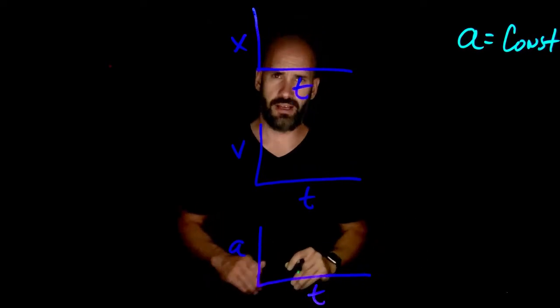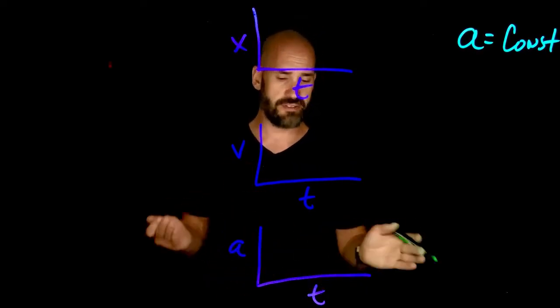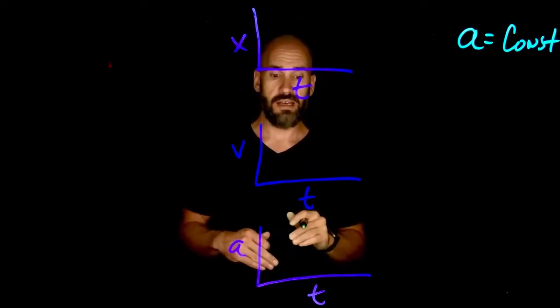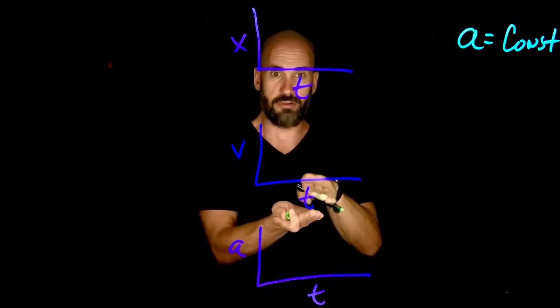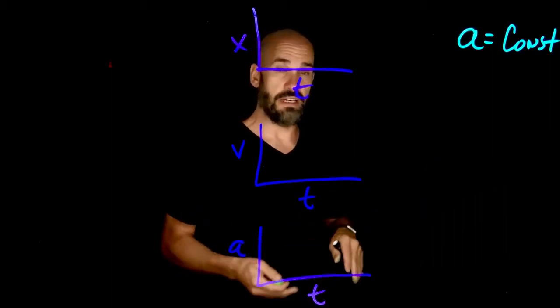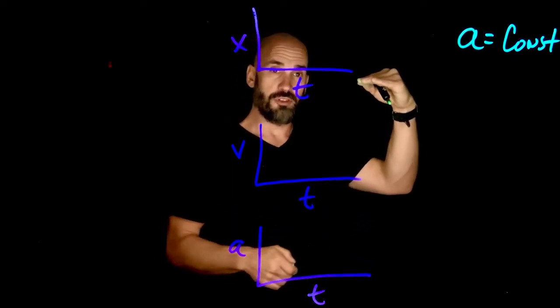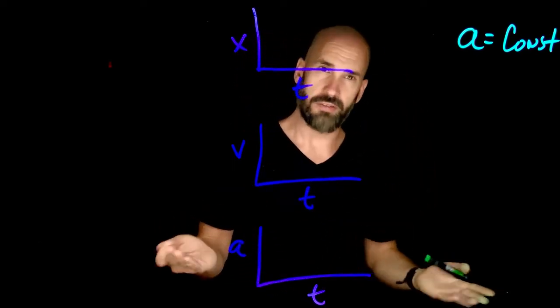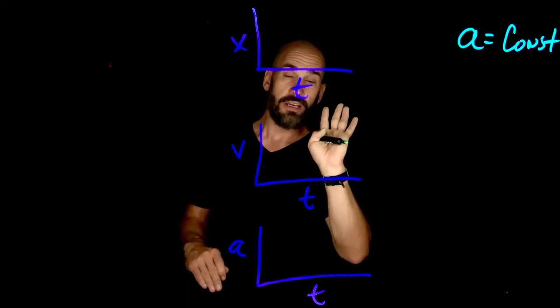Very, very simple example, and something obviously we see in life. Imagine a fish accelerating in one direction. Imagine a car accelerating in one direction. Imagine somebody jumping from an airplane with a parachute, preferably. Okay, so here we go.